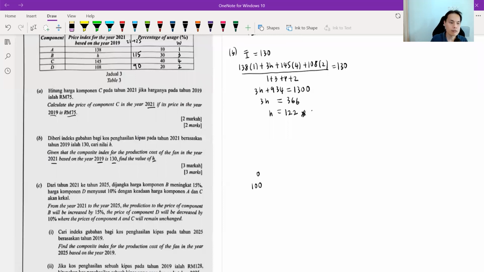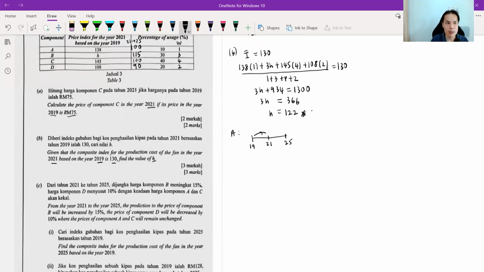Okay, coming back to this, the rest remains unchanged. A and C remain unchanged. We're at 100 and 100 here. To calculate the composite index for the fan for the year 2025 based on 2019, you need to recalculate the individual index. Let me show you one example to help you understand. For item A, there are 3 consecutive years involved: 2019, 2021, and 2025.